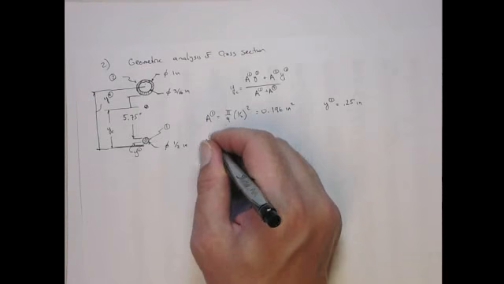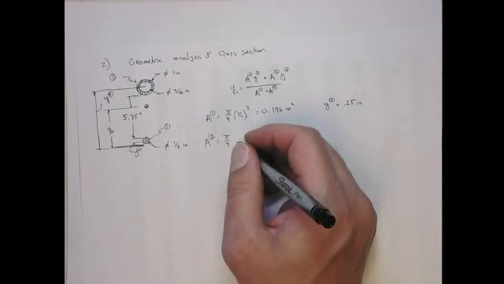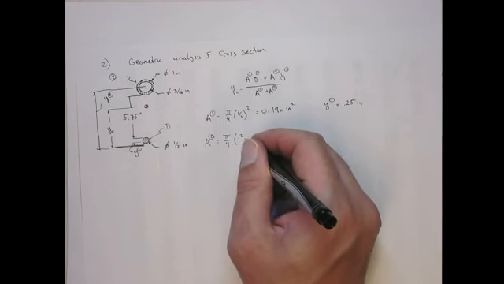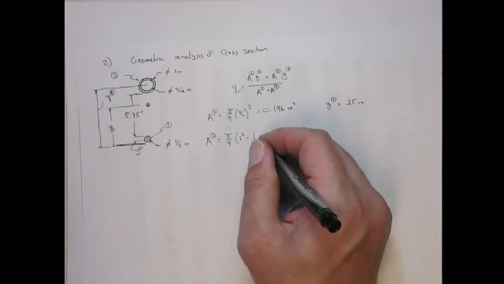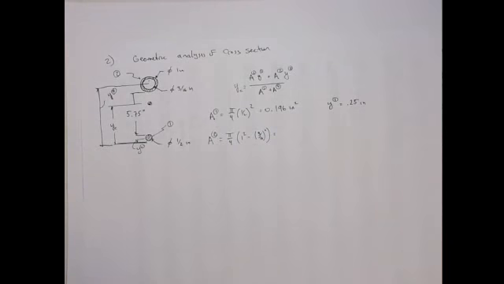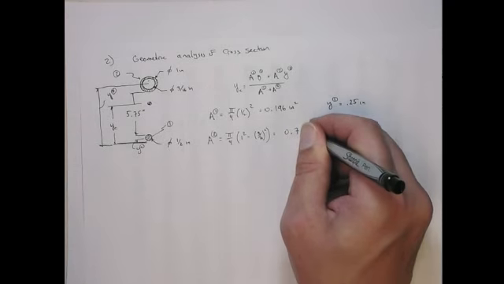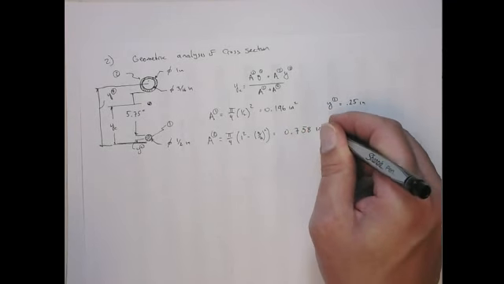So the area of the second body is pi on 4, 1 squared minus 3/16 squared. And that comes out to be 0.758 inches squared.